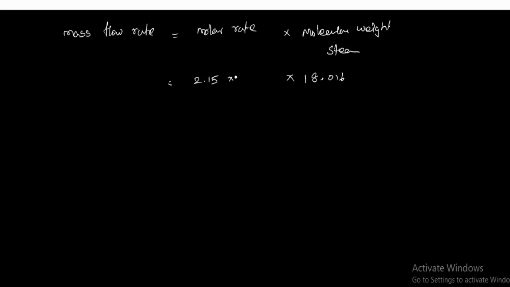Mass flow rate is the molar rate of water vapor into the molecular weight of the steam. The molecular weight of the steam can be taken from the HMT data book. It is 18.016. The molar rate we found is 2.15 into 10 to the power minus 6. So the final answer will be 3.87 into 10 to the power minus 5 kilogram per second meter squared, right?